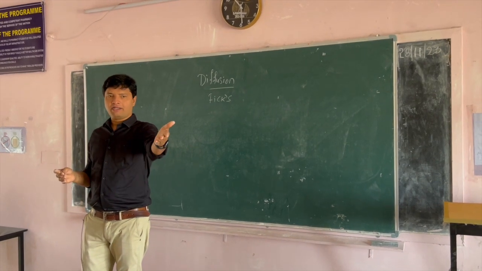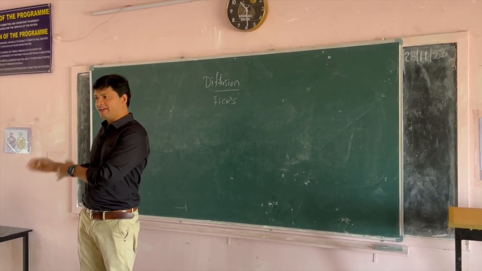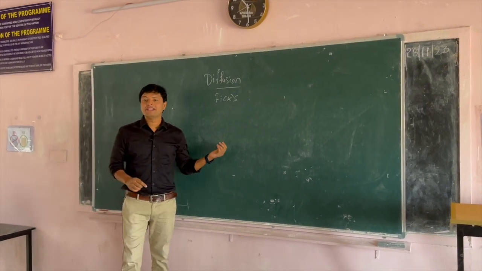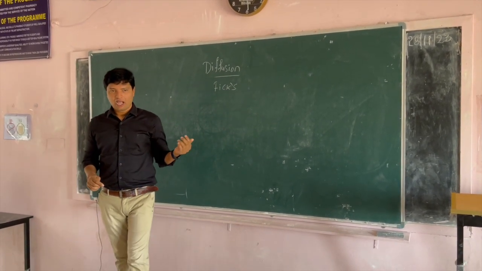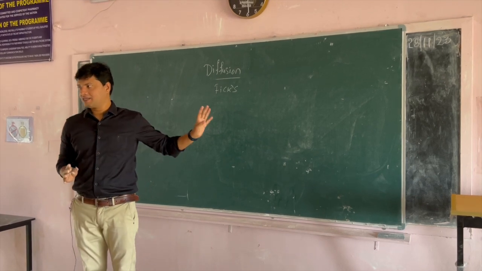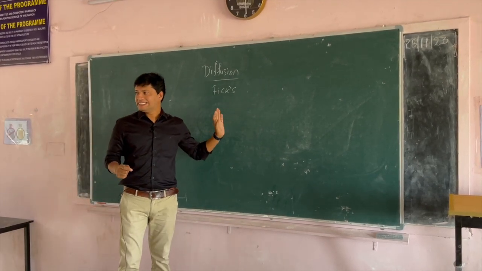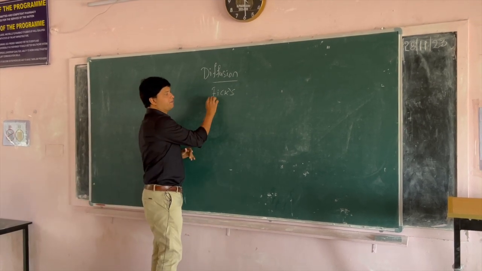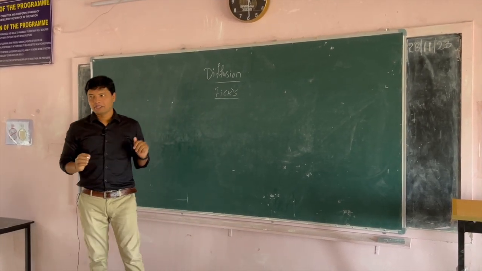For example, what is your name? Ismail. Ismail Fick. Why am I naming that? Because he is going to create the equation. We are going to create this Fick's equation. We will try to see.